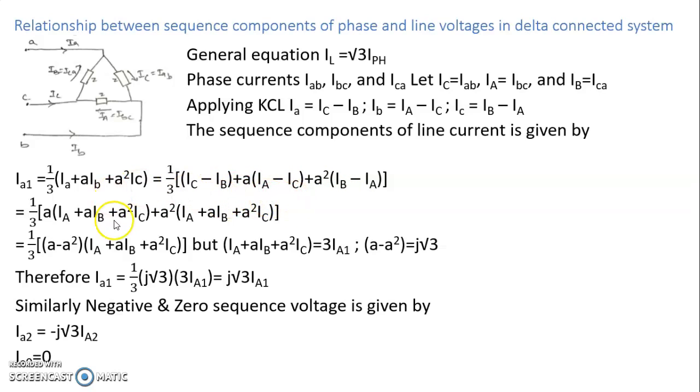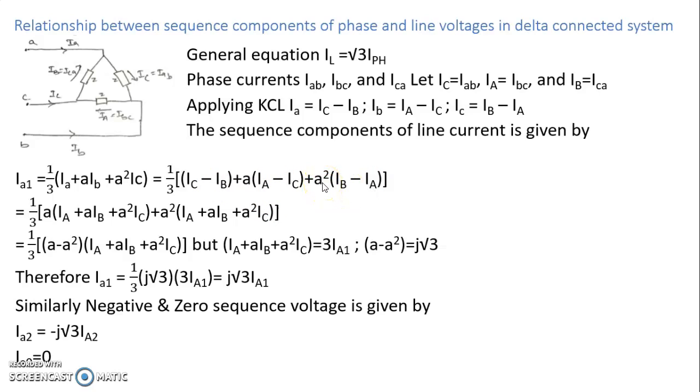So we have here positive terms, that is A IA, A square IB, IC. As IC has only one value, I will multiply by A square; A square into A cube will be 1 and the remaining as it is. Similarly, take negative terms on the other side: minus IB, minus A IC, minus A square IA.